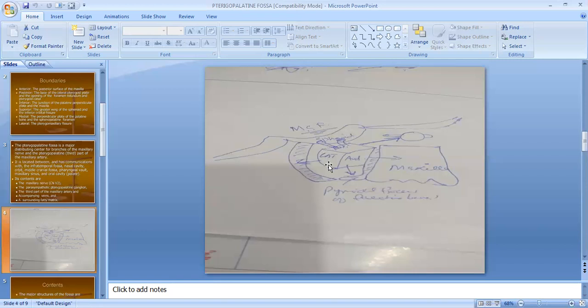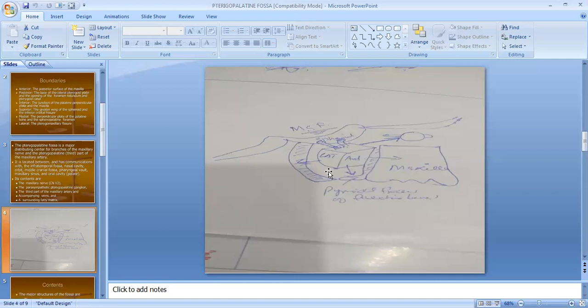Laterally, it communicates with the infratemporal fossa through the pterygomaxillary fissure. And this is the pterygoid plate of the sphenoid bone.